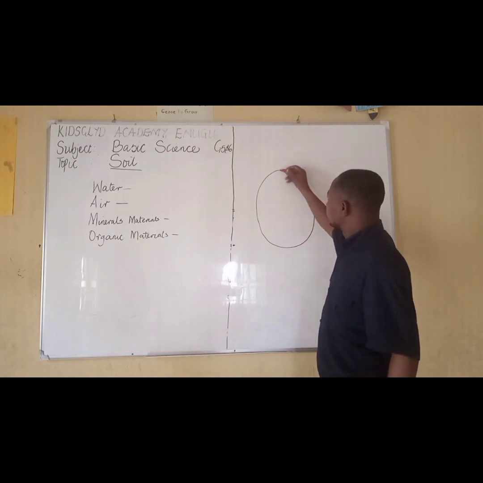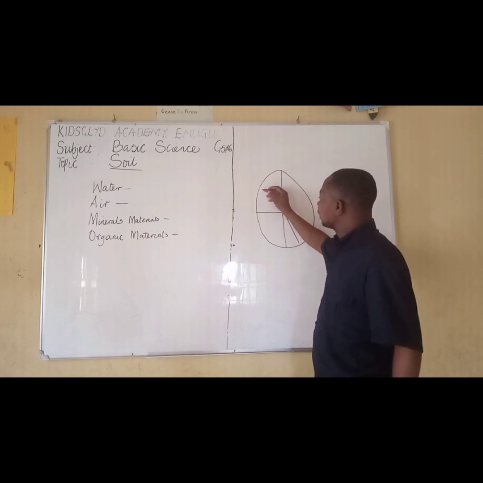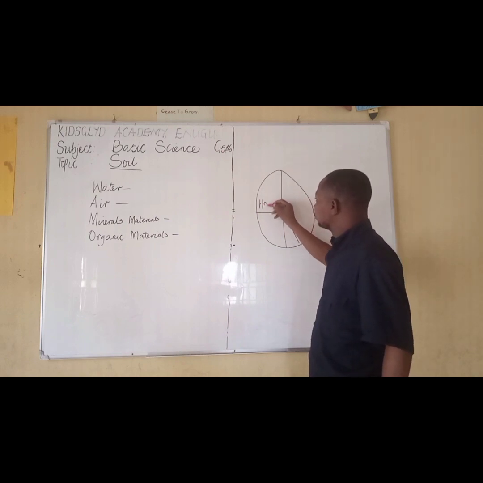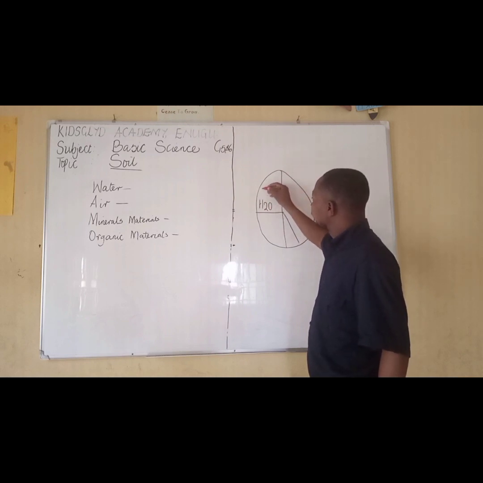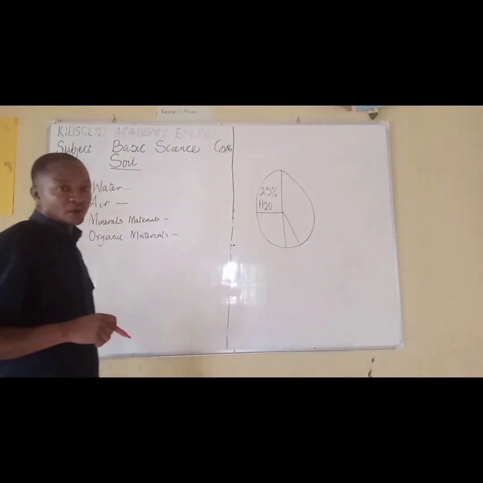So now, soil as it is, it contains water. What is the quantity of water that the soil contains? Number one, soil contains water. Water is 25%. Soil contains 25% of water in it.